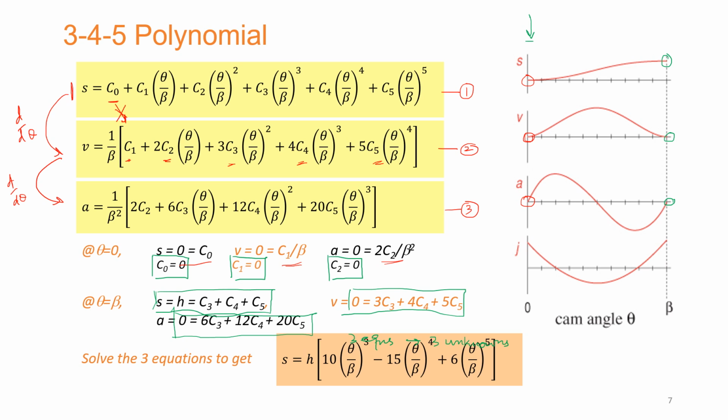So you have one expression corresponding to S appearing right over here when you plug in all those values of C3, C4, and C5 in it. So how we have computed this C3, C4, and C5, this is what we are going to do in the next slide. So hold on for a moment.